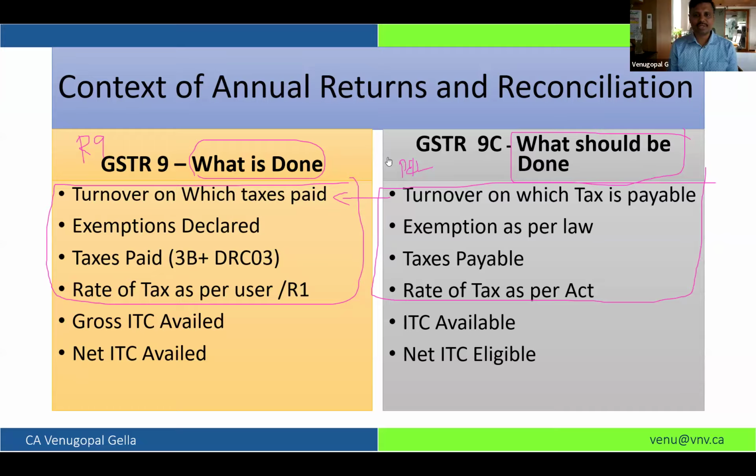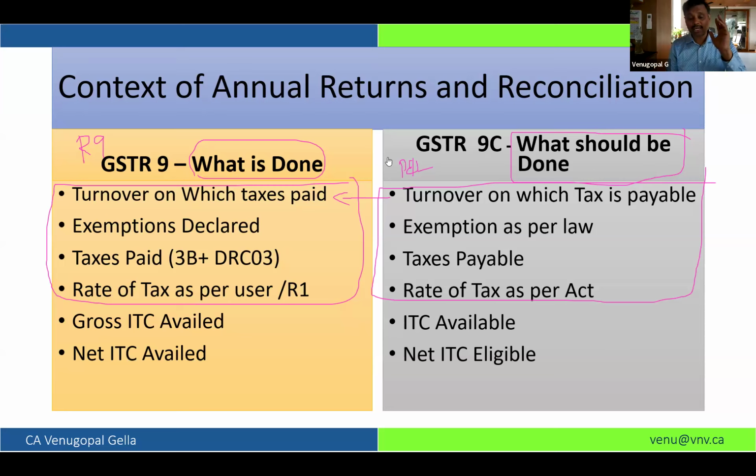Any other questions to anyone? Okay, I would presume no questions, but even that I would want as an answer, like, okay, no questions, please move on. Unless you say move on, it would be difficult for me to know whether you are getting it or not, because we are here to understand the whole of GSTR 9 and the whole of GSTR 9C.